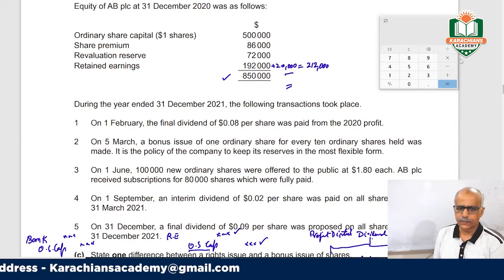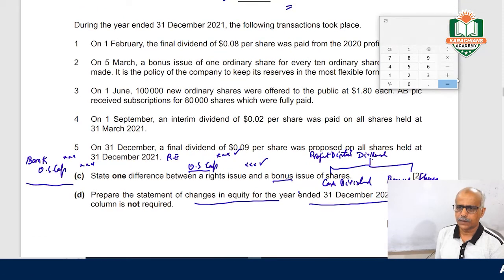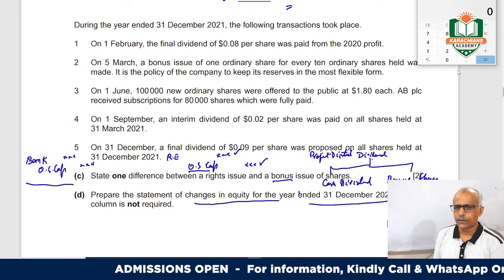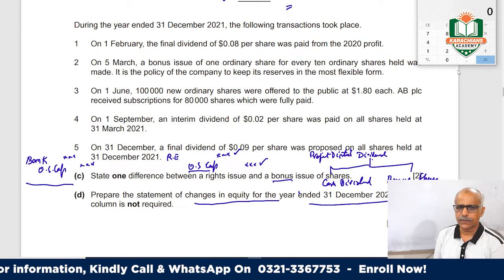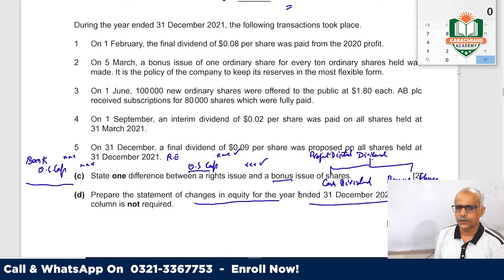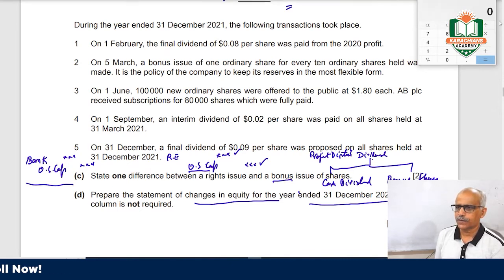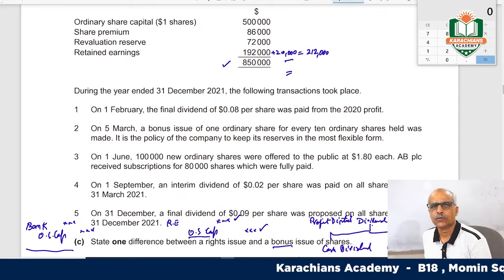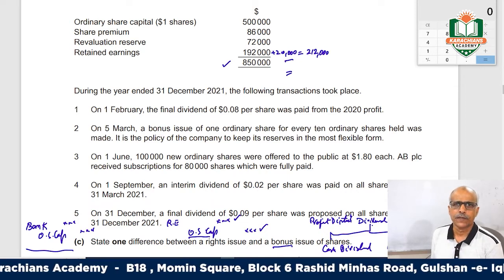During the year ended 31st December 2021, the following transactions took place. There are a few transactions. On 1st February, the final dividend of 0.08 per share was paid from 2020 profit. Normally dividend is not paid in the same year, except the interim dividend.